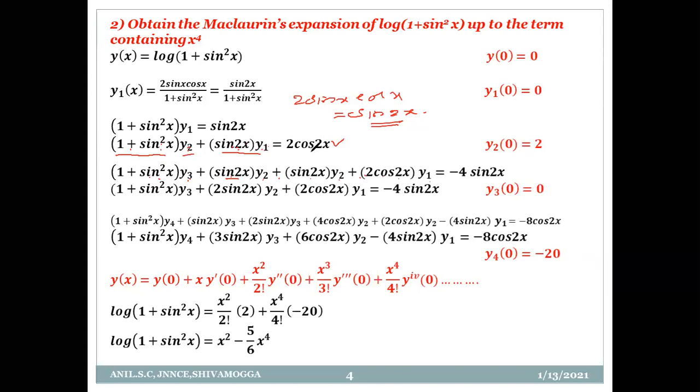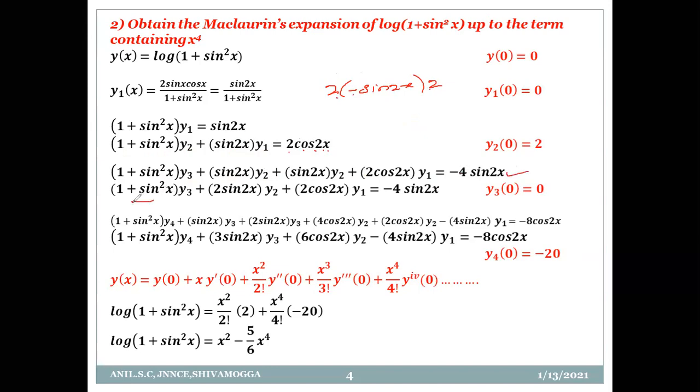This is equal to the derivative of cos 2x, this function. The derivative of 2 into 2 is a constant, keep it as it is. The derivative of cos 2x is minus sin 2x into the derivative of 2x, which is 2. Minus into 2 into 2 is minus 4 sin 2x.